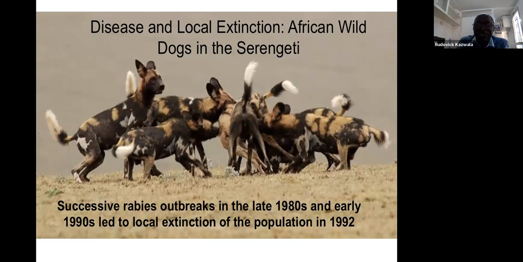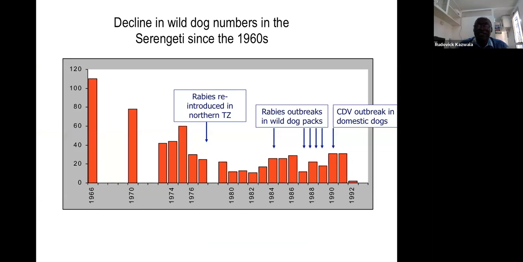Professor Sarah Cleveland led this work, and they could see that there was a pattern or a trend of the disease when rabies was introduced in around Serengeti. The wild dog population declined. And this was the trend around that time where we could see a decline in the wild dog populations.